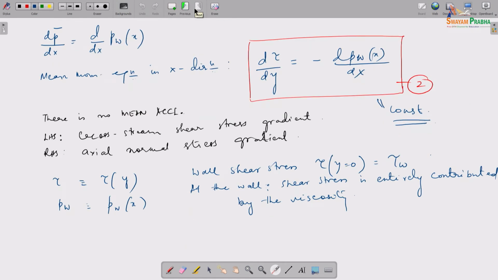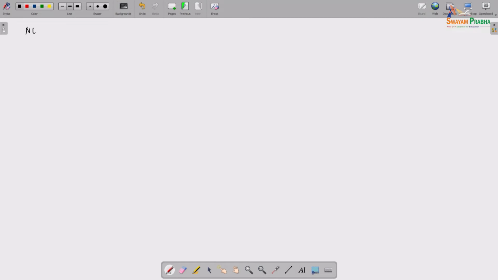Now when I say y tends to 0, y is nearly 0. So, what is that length scale where the shear stress is negligible? We will proceed to define length scales in that near wall region. This is the near wall region.